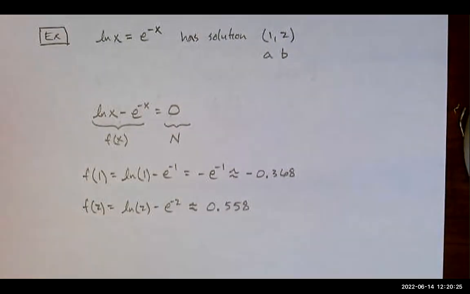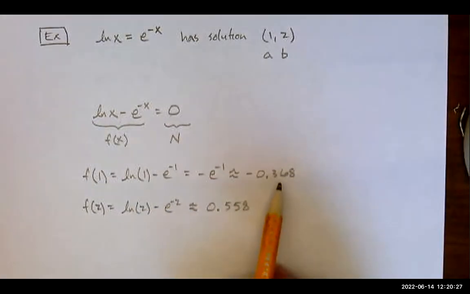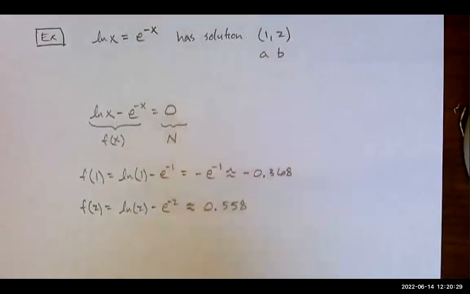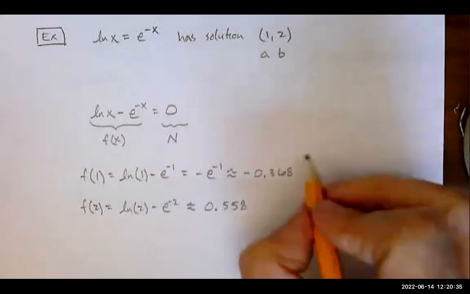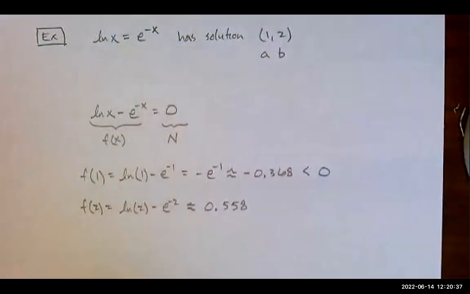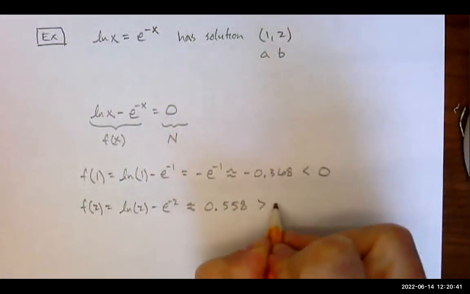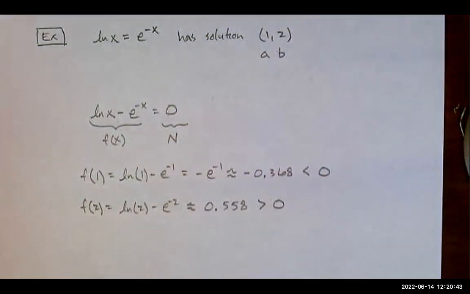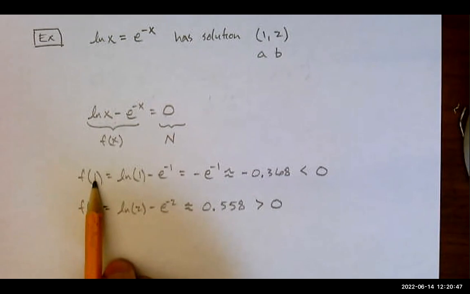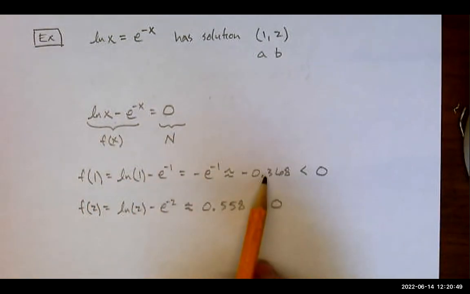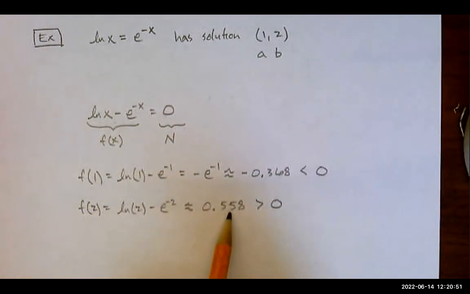Now it turns out these are very good results for us. Like, why? We just plugged in some numbers. Yes, but take a look. One of them is negative, less than 0. The other is positive, greater than 0. The starting y value was negative. The ending y value was positive.